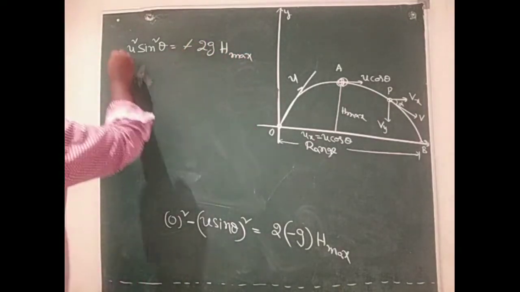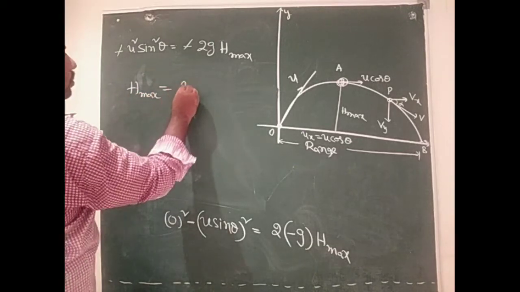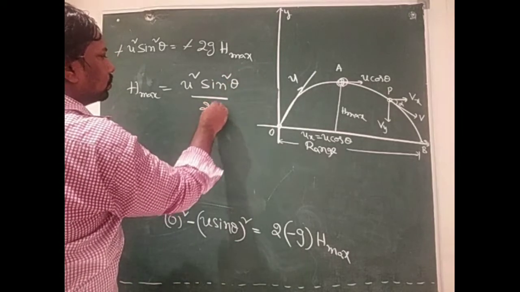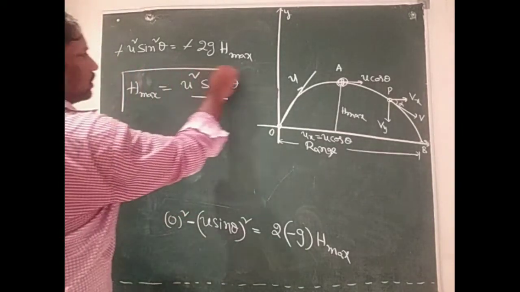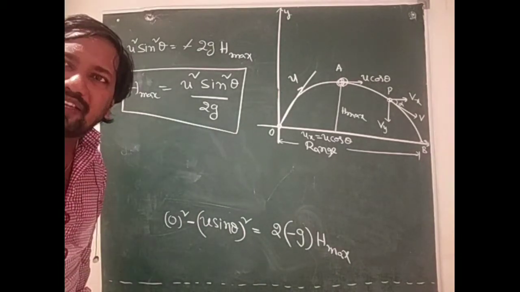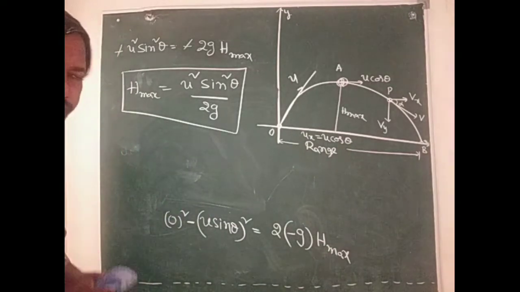So here minus minus cancel. So h maximum is equal to u square sin square theta by 2g. So this is the expression for maximum height in the case of oblique projectile motion.